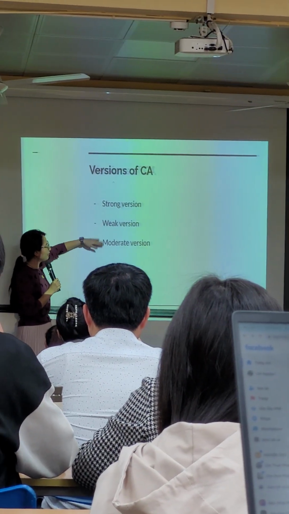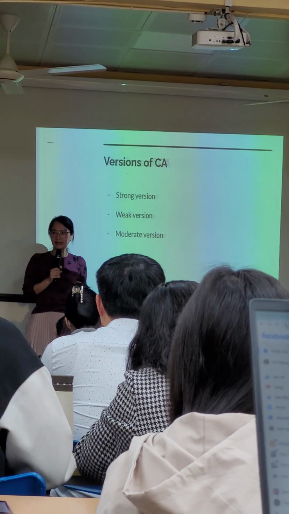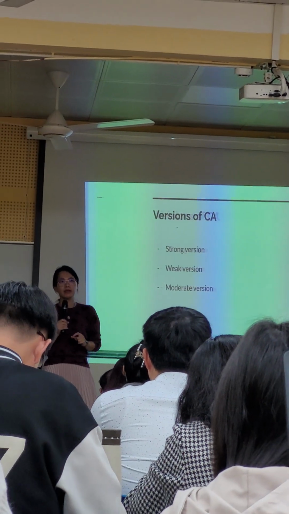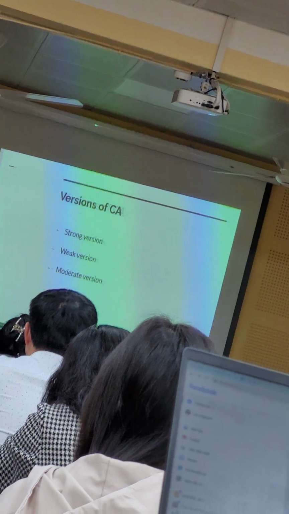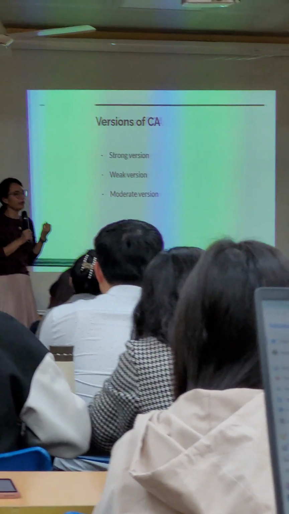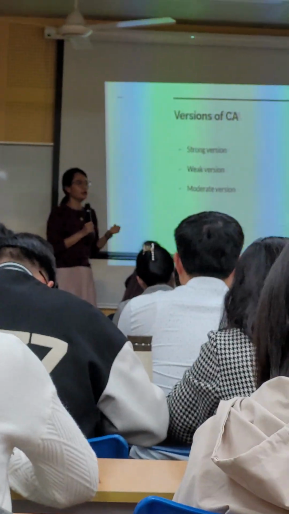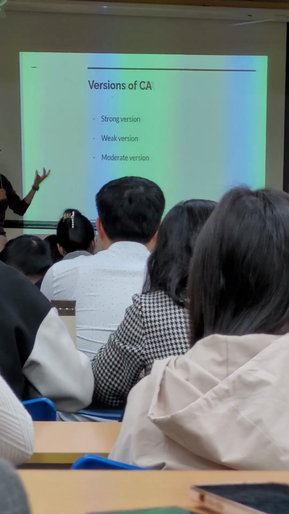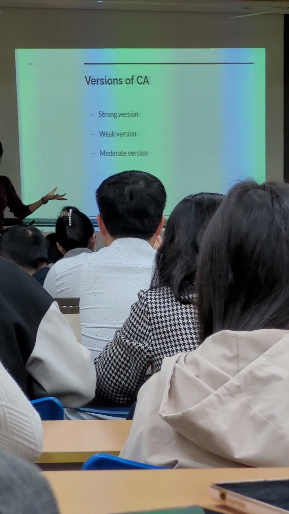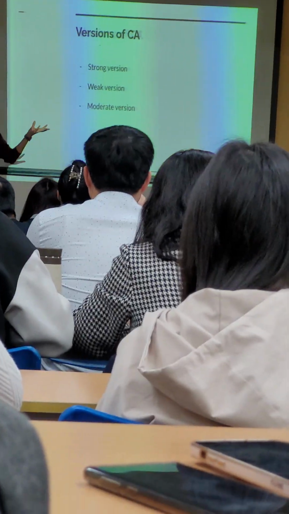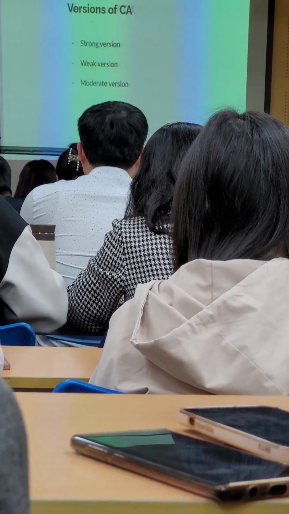There are 3 different versions of contrastive analysis, and the reason why we have these 3 different versions is in the strength of contrastive analysis to predict problems that a learner might encounter when they learn the new language.